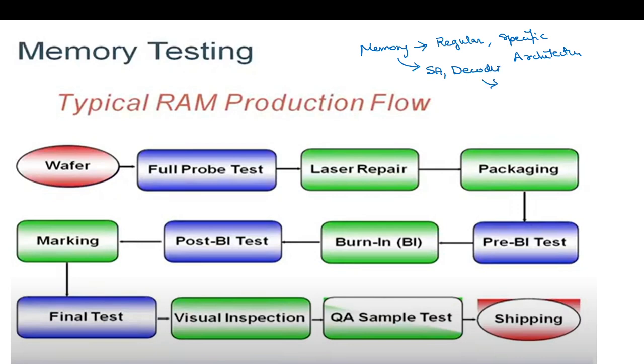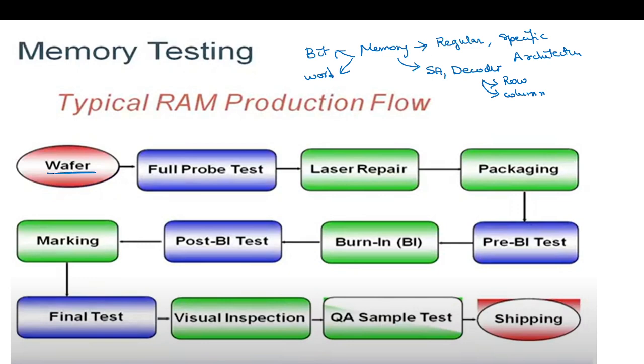Decoder can be, say, row decoder, column decoder, and this architecture can consist of a bit accessible memory or a word accessible memory. Now let's see one by one.